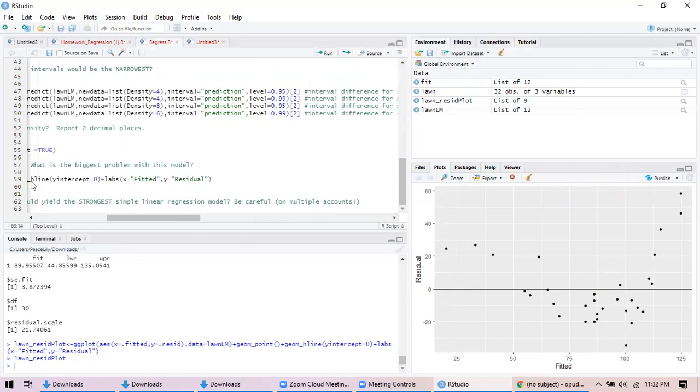Looking at the choices here, what does it mean to have a strong linear model, or strong correlation?